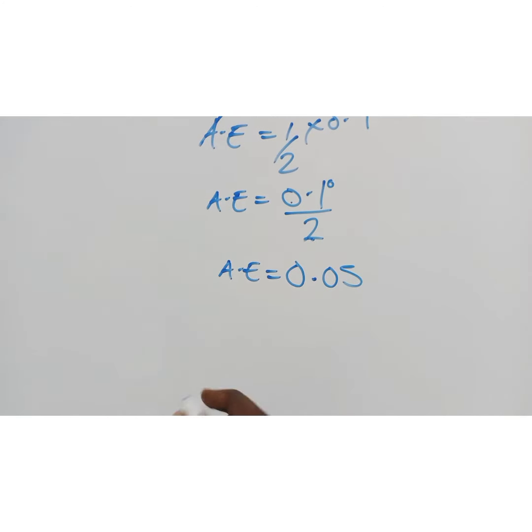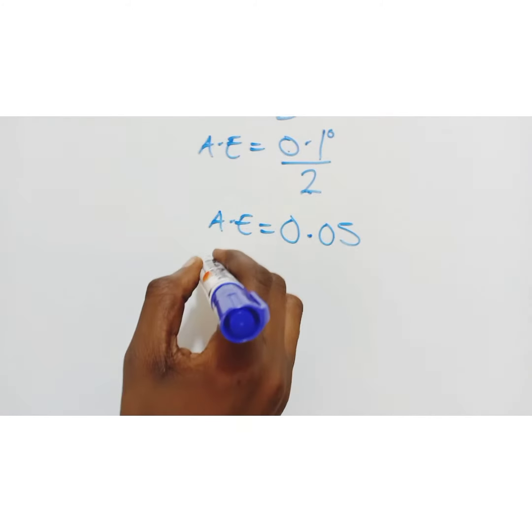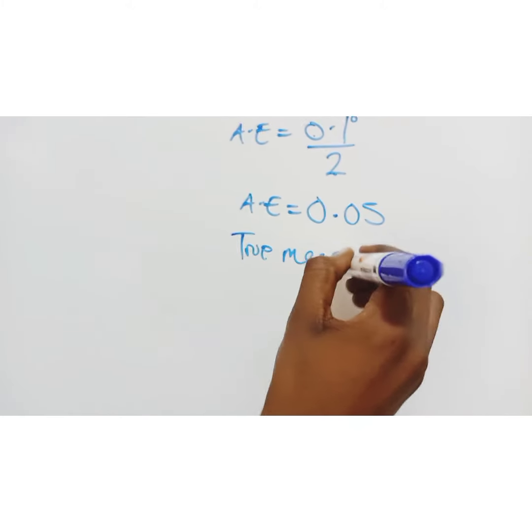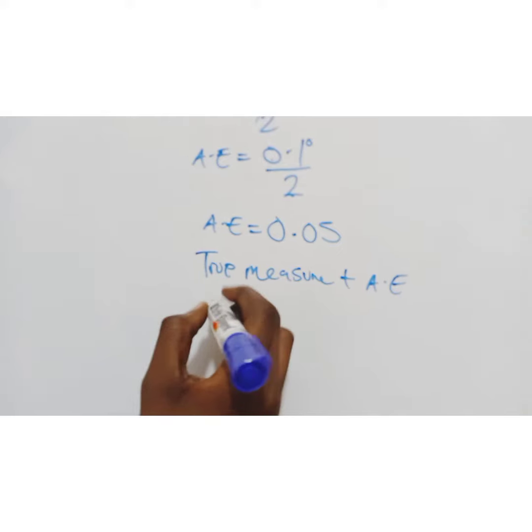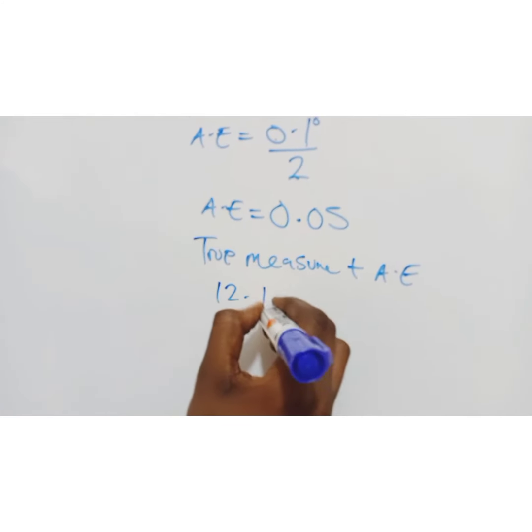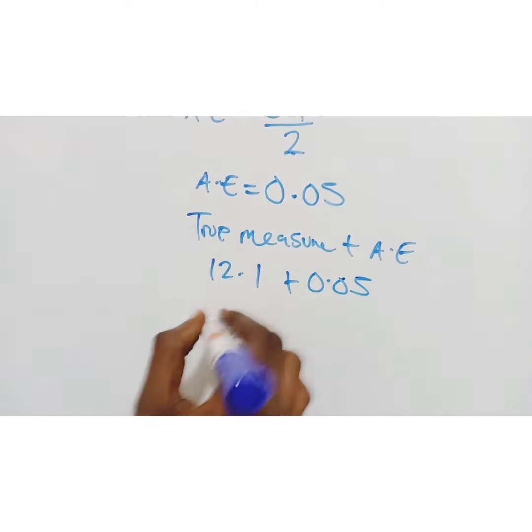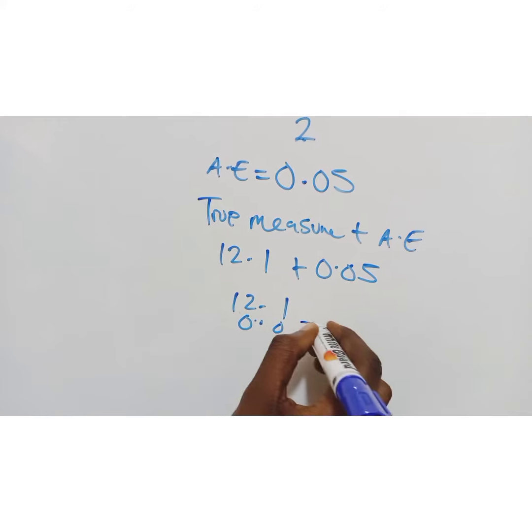Once you have this, what you do is you add the true measure. So let me write this. True measure plus AE. So here our true measure is 12.1 plus our AE 0.05.